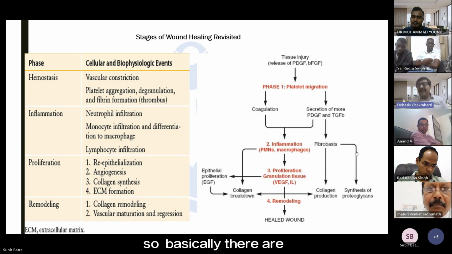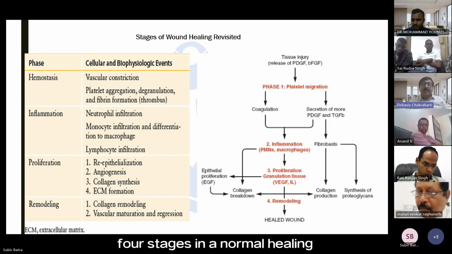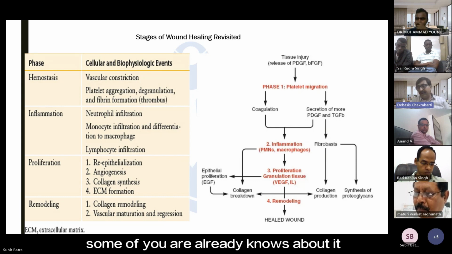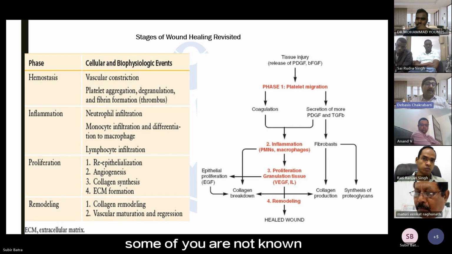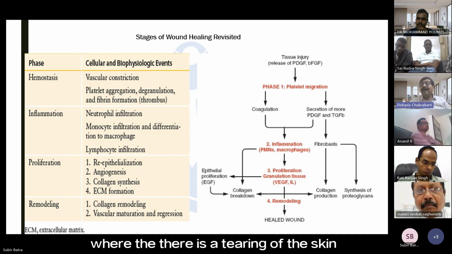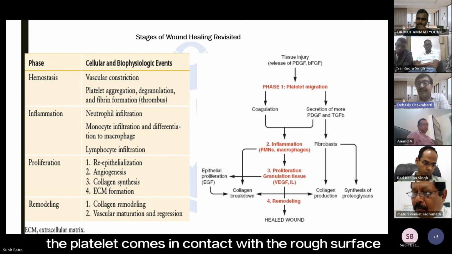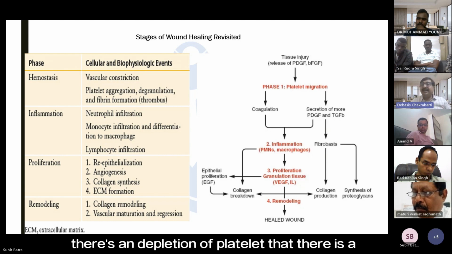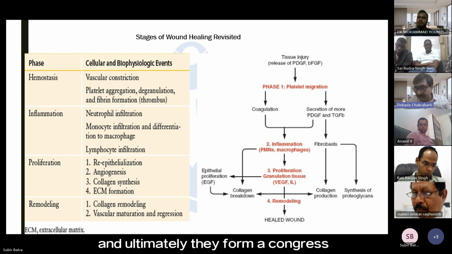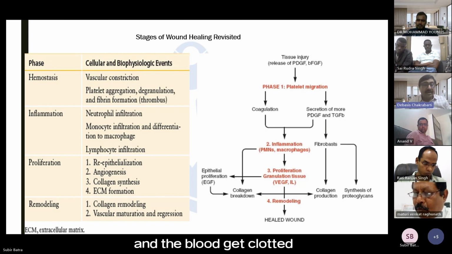So basically there are 4 stages in normal wound healing. I'll not go into detail. Some of you already know about it, some of you do not. The first process is of course hemostasis, where there is a tearing of the skin. The platelets come in contact with the rough surface, there is aggregation of the platelets, and ultimately they form a thrombus, and the blood gets clotted.